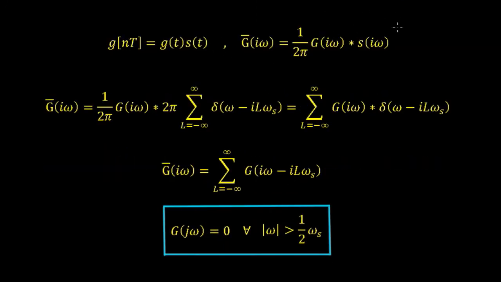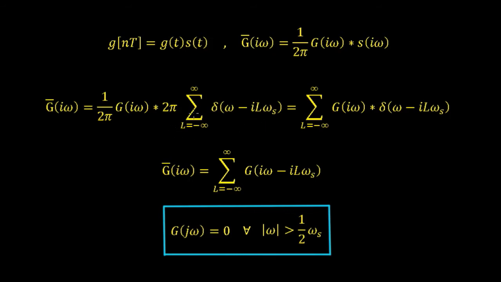what we can do is, if we look at the right hand side of this, we're going to have this g hat of i omega equals 1 upon 2 pi g of i omega convolved with, and now if we replace the s of i omega, so this is the impulse train in the frequency domain, well, we can write that in terms of a delayed impulse, and we can add up all of the delayed impulses in the frequency domain, and those delayed impulses are going to be delayed by an integer multiple L omega s.